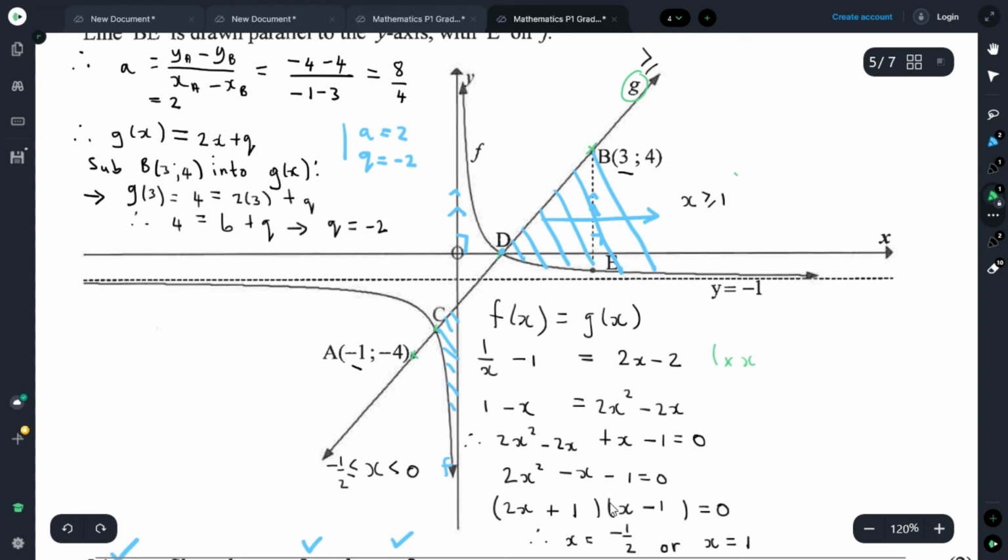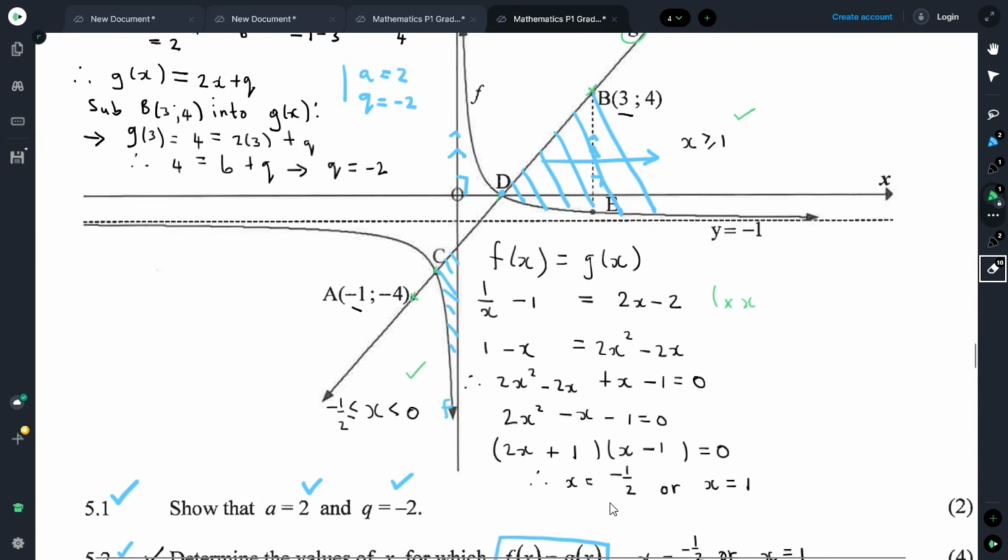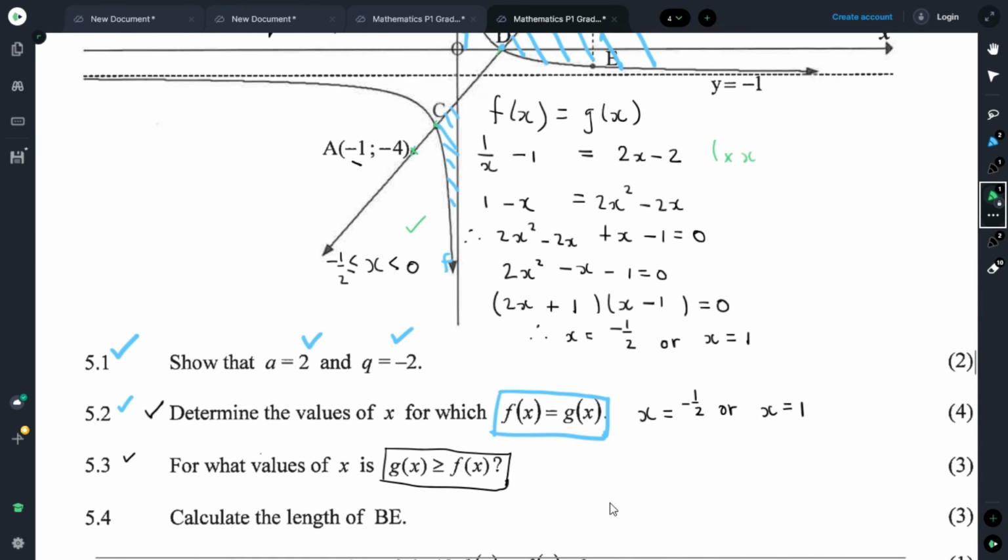So x lies between, is greater than or equal to negative half, and x has to be smaller than 0, right? Only in that region is g above f, right?